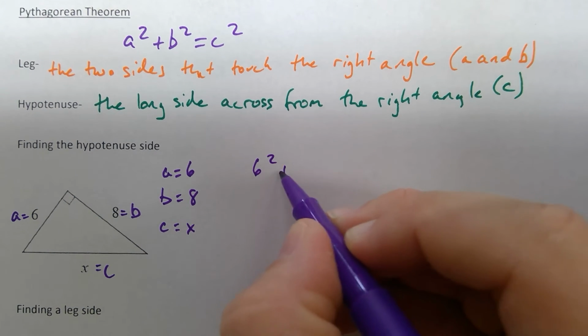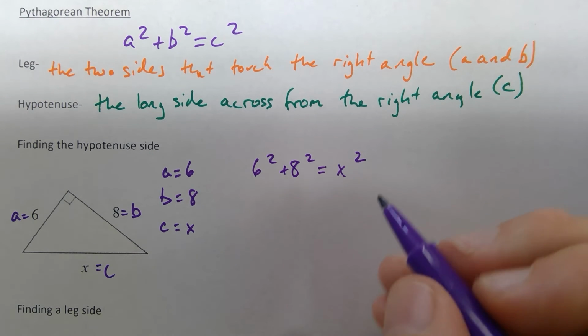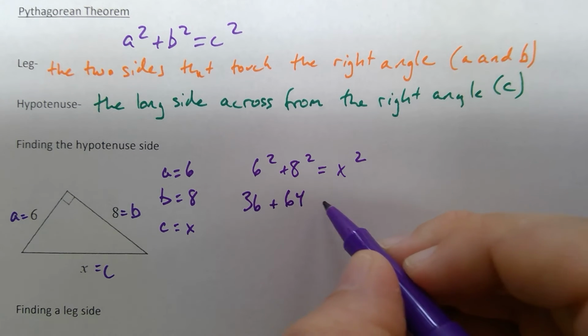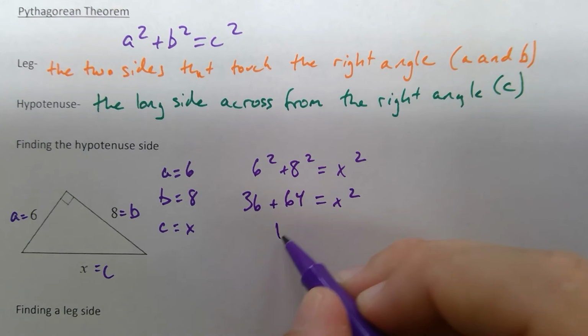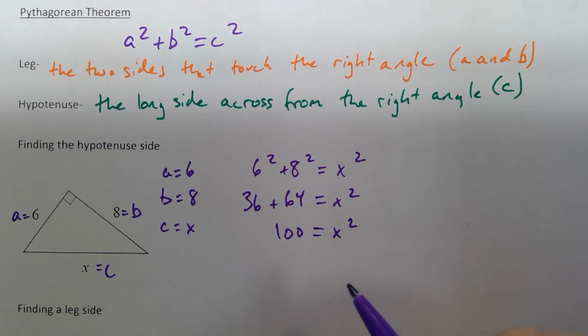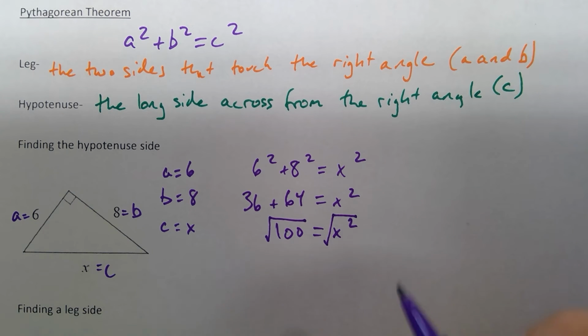So I have 6 squared plus 8 squared equals x squared. Do a little simple calculation. We can use the calculator on these. 36 plus 64 equals x squared. 100 equals x squared. And then in order to do the opposite or the inverse operation of x squared, hopefully we've done this before, we want to do square root. And so the square root of 100 is 10.